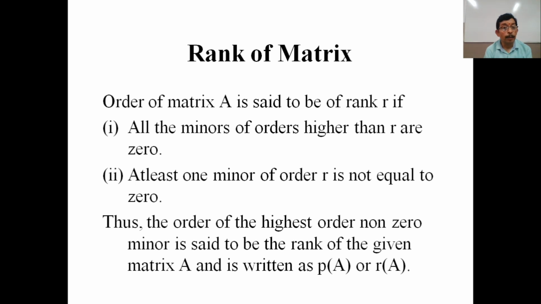Is it clear, everyone? Hence, the order of the matrix is said to be the rank if all the minors of order higher than R are 0, and at least one minor of order R is not equal to 0. It is the rank of the matrix, denoted by ρA or RA.